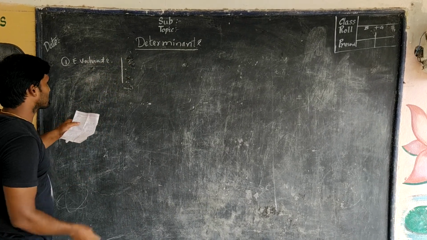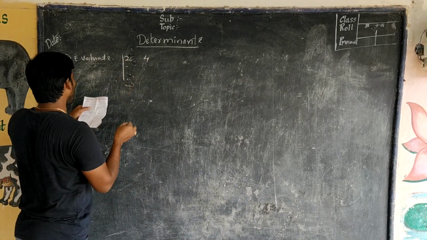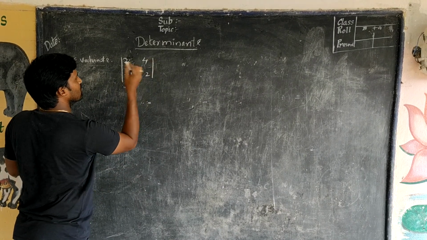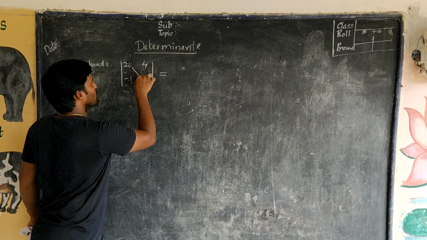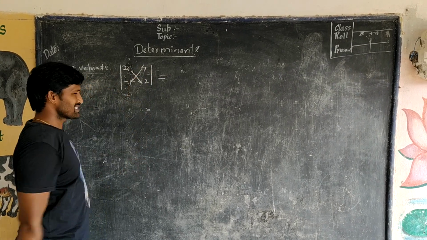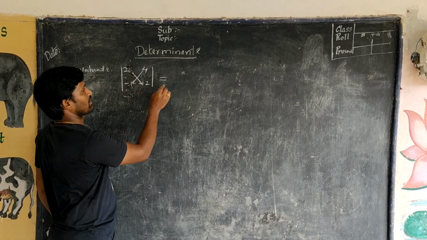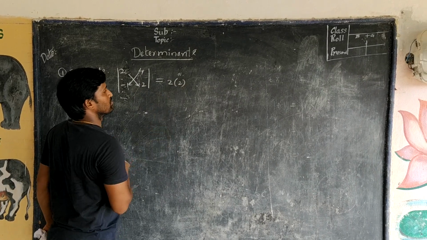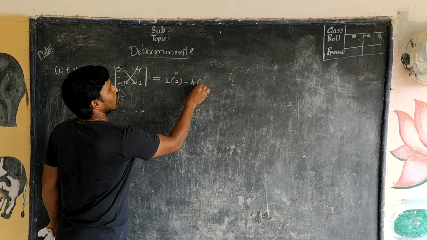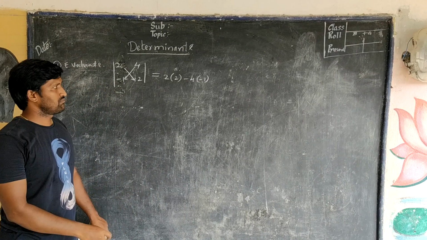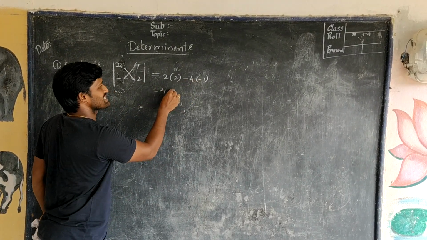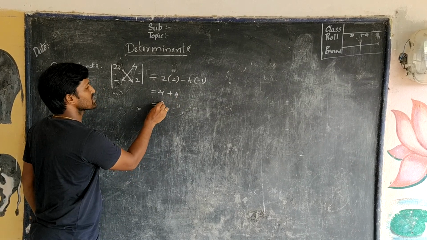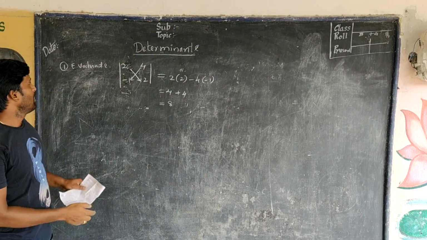For example, evaluate delta of 2, 4, minus 1, 2. It's very easy to evaluate this. How to evaluate this one? 2 into 2 minus 4 into minus 1. Here 2 twos are 4. Minus into minus is plus 4. 4 plus 4, it is 8.